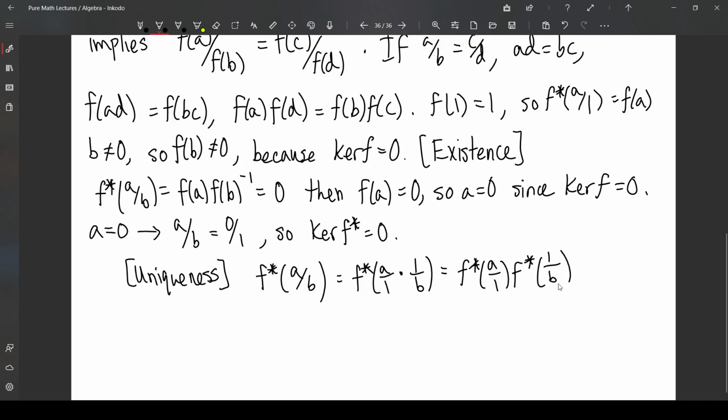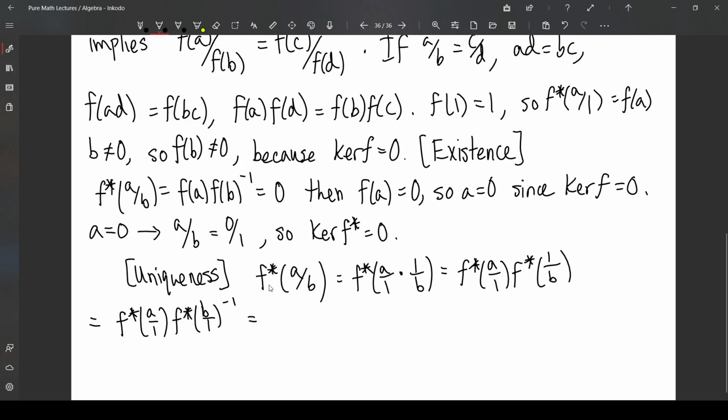And then 1 over B is the inverse of B over 1. And since f star is a homomorphism again, I can pull inverses out. So this becomes f star of A over 1 times f star of B over 1 inverse.